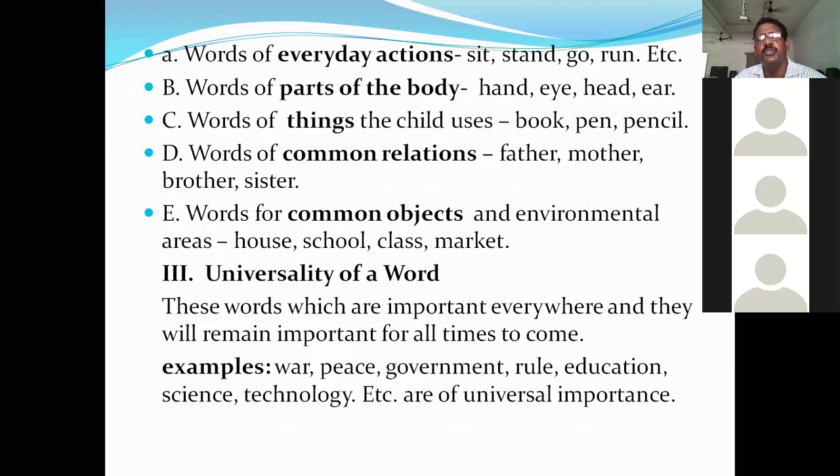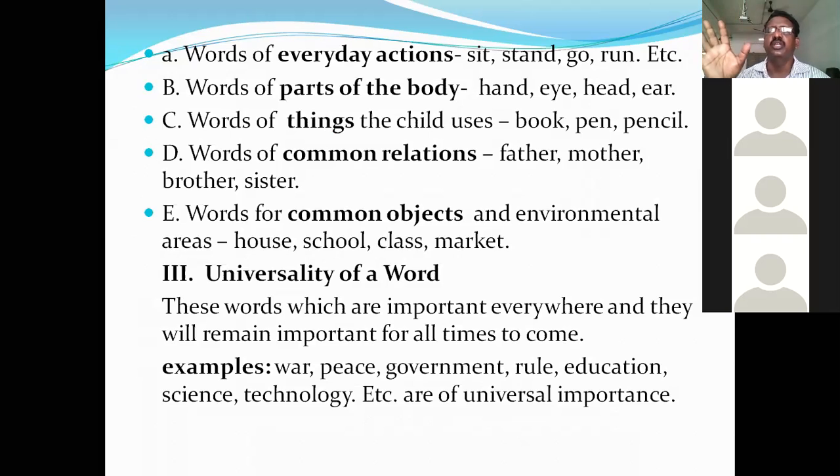Then next, words of parts of the body. What are the parts of our body? Head, eyes, ears, hand, and upper limbs and lower limbs. Upper limbs means we have two hands. Lower limbs, we have two legs.